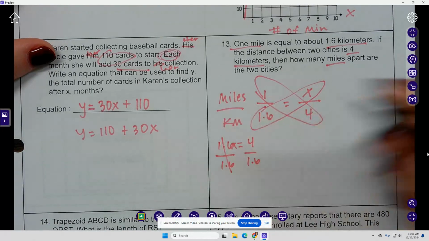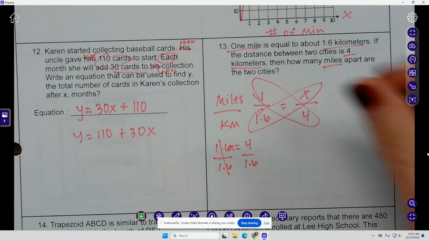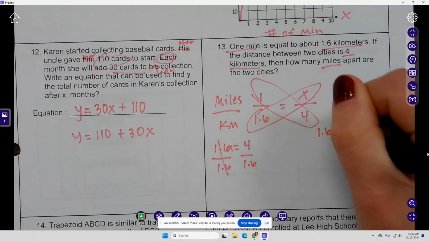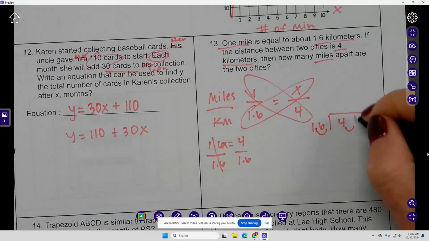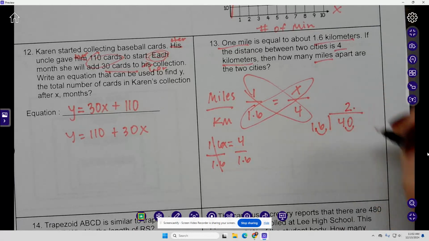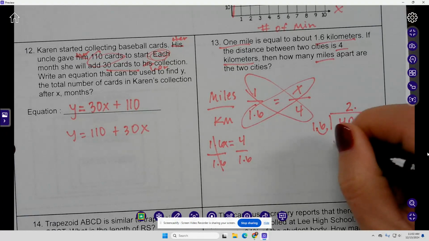Divide by 1.6. Four goes on the inside, 1.6 on the outside. I have a decimal on my divisor, so I have to move it 1 to the right to get rid of it and add my 0. 16 can go into 40 2 times. 16 times 2 is 32.